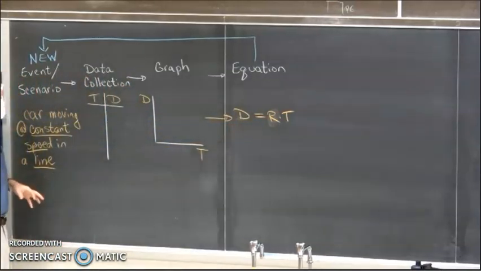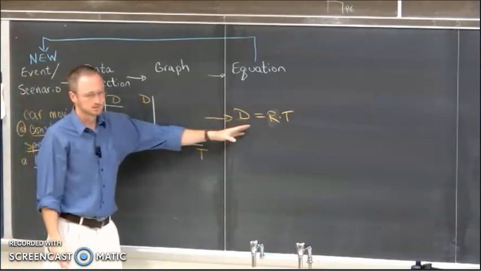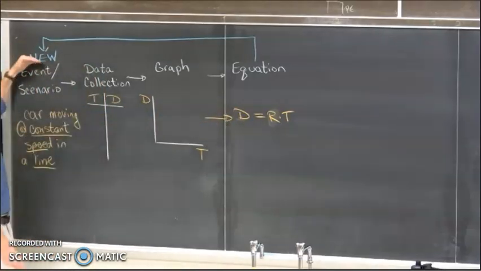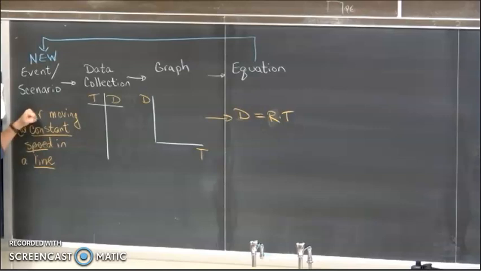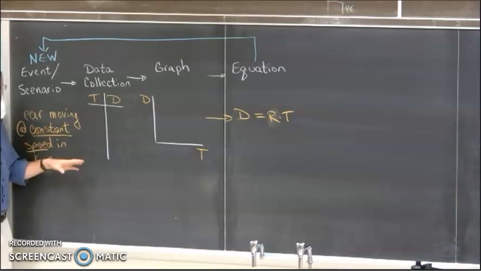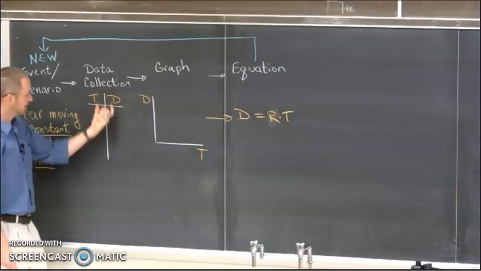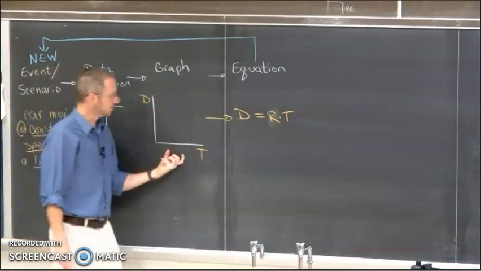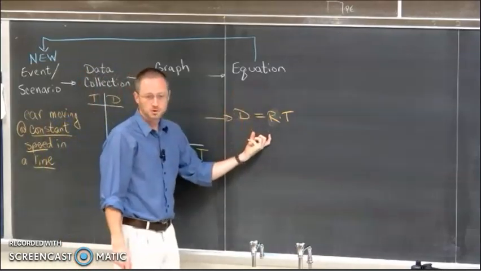Now what I want to do is use the same pattern here, but for a new event that doesn't follow this rule that we started with. Instead of having an object moving at constant speed in a line, let's have an object move at not constant speed, but still in a line. So we're going to let a ball roll down a ramp, and we're going to collect data, then turn it into a picture, and then turn that picture into an equation.